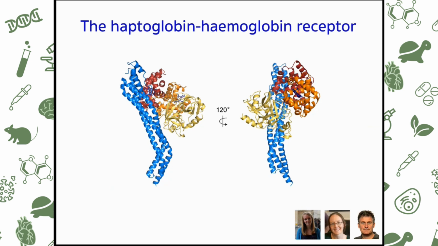And in orange, red, and yellow there, you can see hemoglobin haptoglobin. And this is the nutrient that the trypanosome wants to grab. So you could see how the receptor sits and how it allows that molecule to be grabbed. And then this receptor is going to be linked down at the bottom to the trypanosome surface.